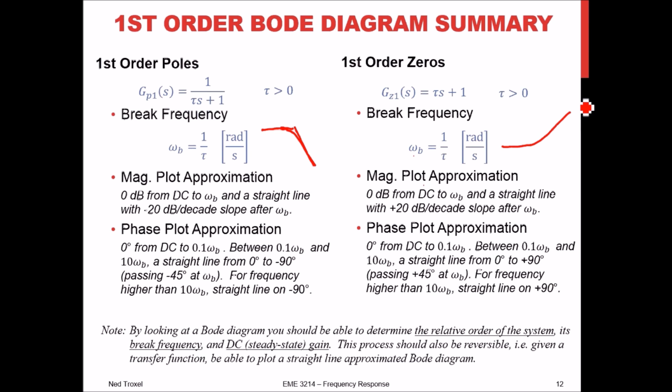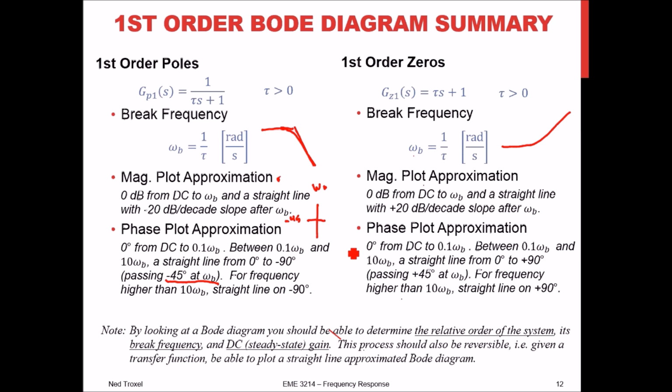For the phase plot approximation, we go through minus 45 degrees at that break frequency. So you draw out minus 45, and you make sure you go through there. This would be at omega b.